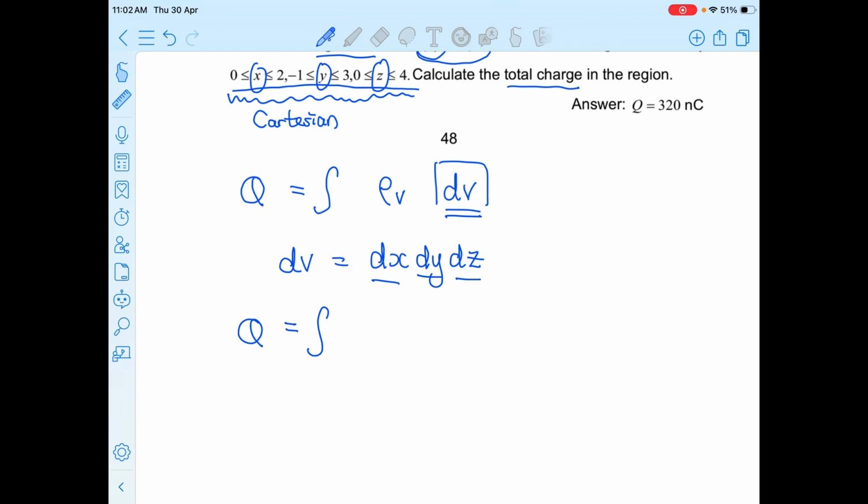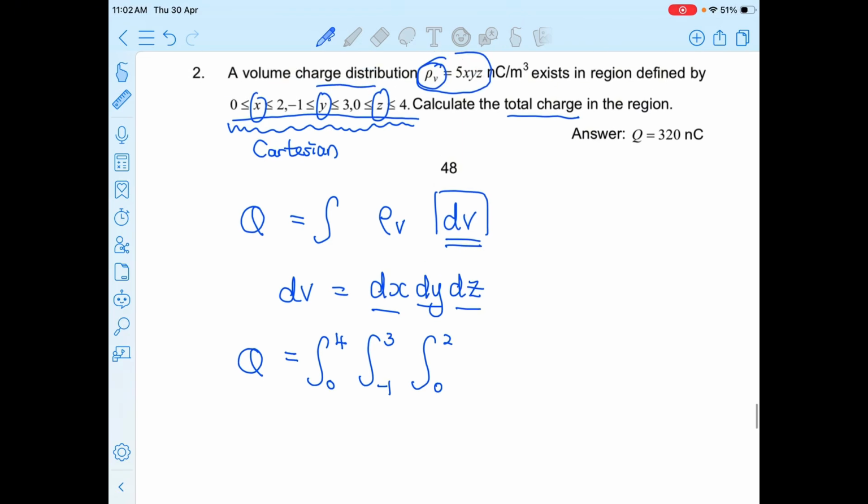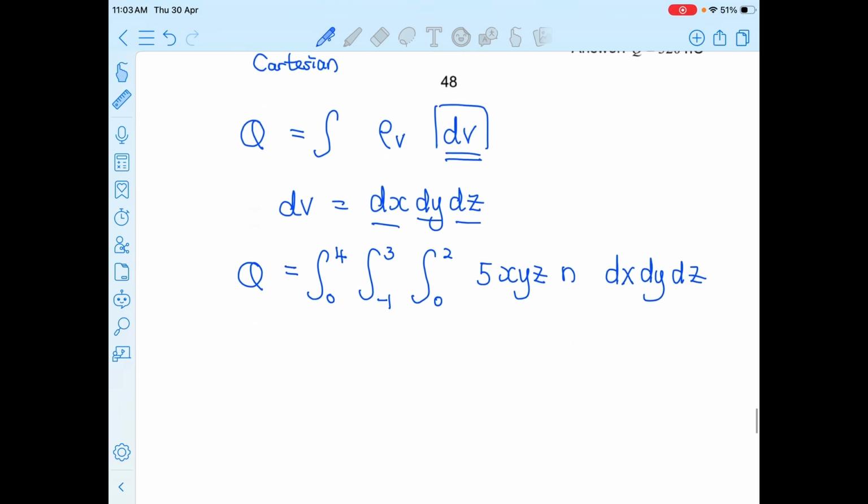You just insert the range: z is 0 to 4, y is -1 to 3, and x is 0 to 2. The rho v given is 5xyz nano, and then we have dx, dy, and dz. We have to arrange accordingly.